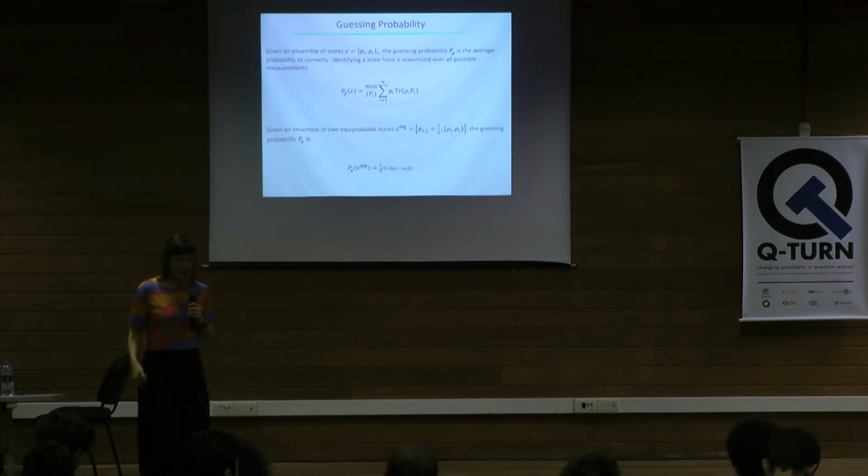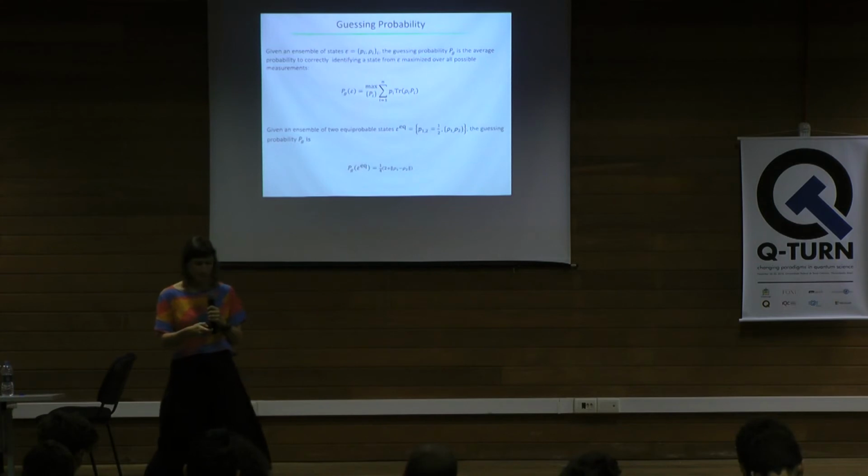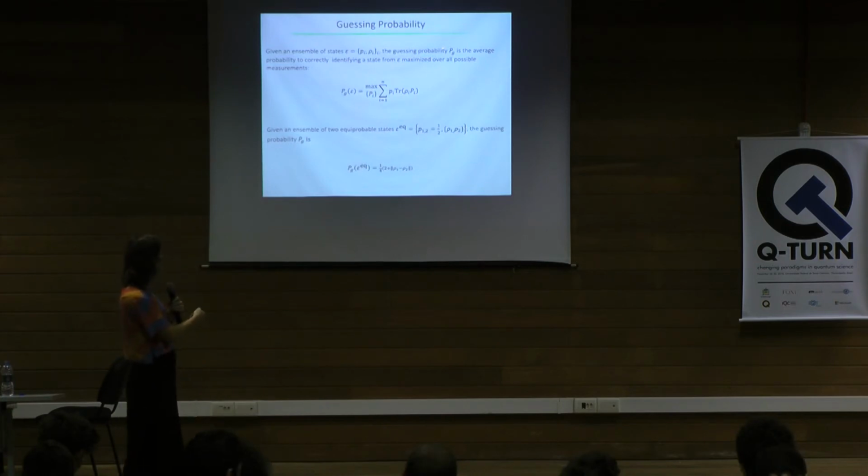And then I will go back to the guessing probability. I haven't defined it before, but given an ensemble of states, the guessing probability is the average probability to correctly identify a state, maximized over all possible measurements, okay?